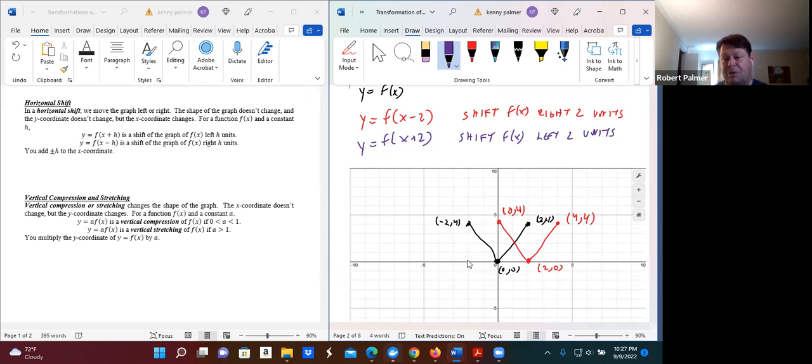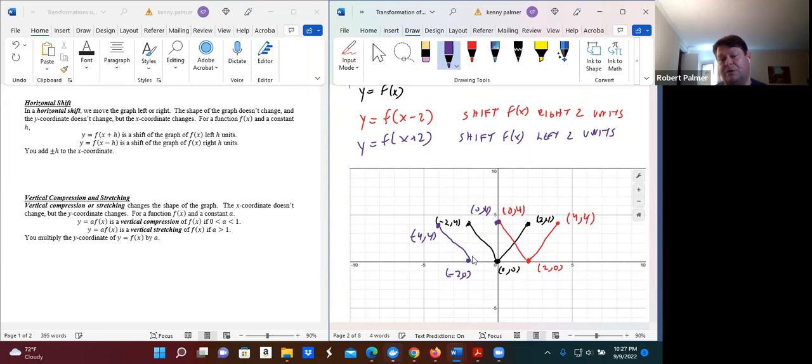So the point 0, 0 will now go to negative 2, 0. The point that was at 2, 4 is going to go to 0, 4. It's actually in the same spot as this one. Now the point negative 2, 4 is going to go right here. And that's actually going to be negative 4, 4. So we connect those dots.